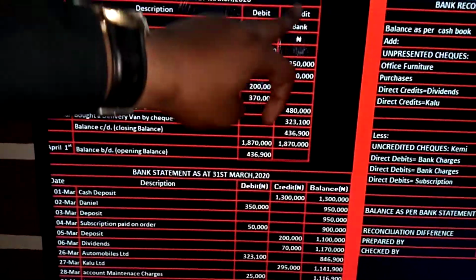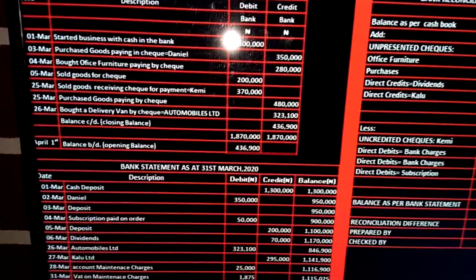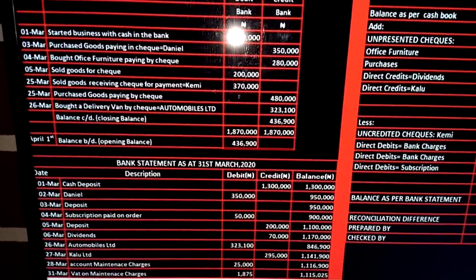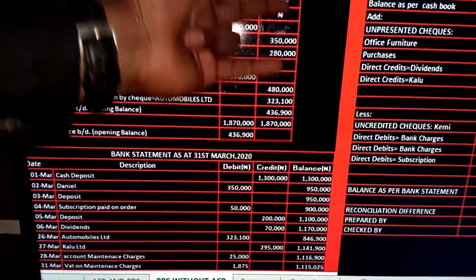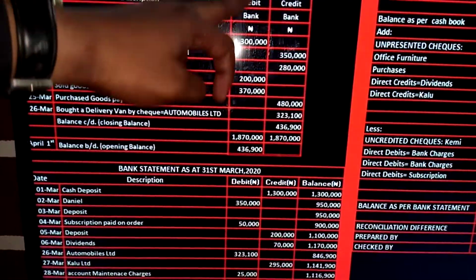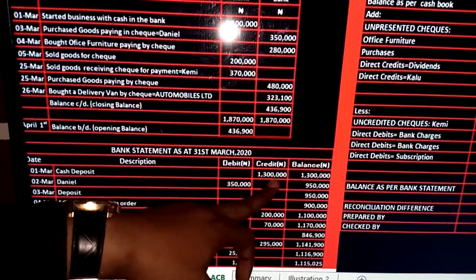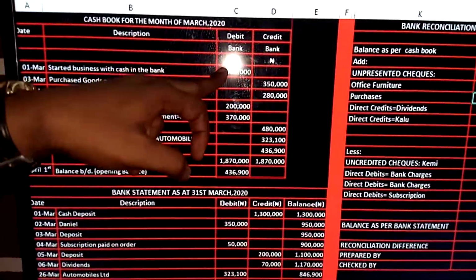When you do the credit of the cash book that is not in the debit of the bank statement, you do what is in the credit of the bank statement that is not in the debit of the cash book. So let's go. 1.3 is in the debit of the cash book.